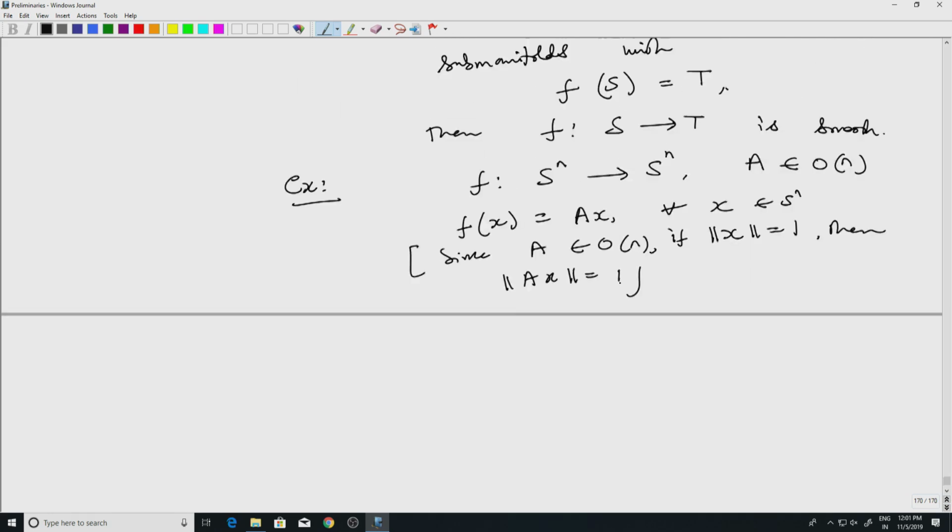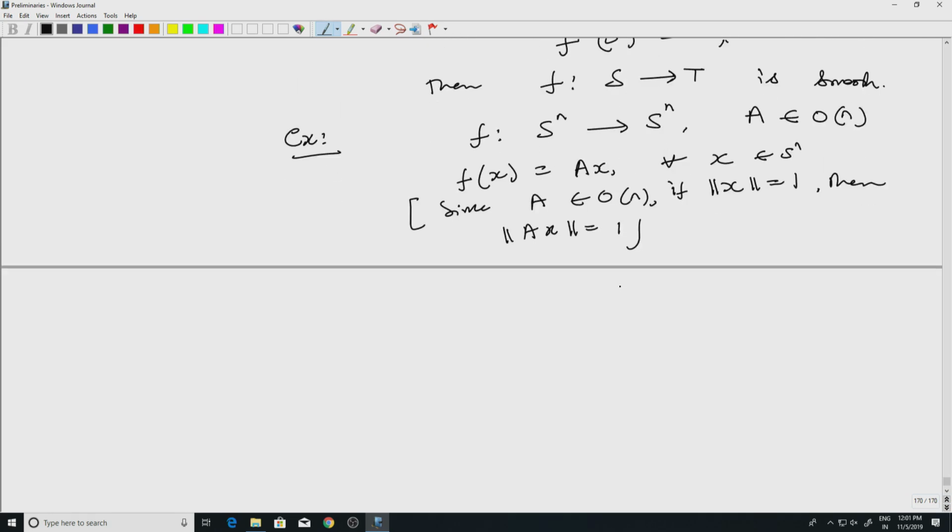Now suppose I want to claim that this map is smooth. The straightforward approach would be to start with some charts on Sn and then express the map as a map between two open sets in Rn, and then check the smoothness.